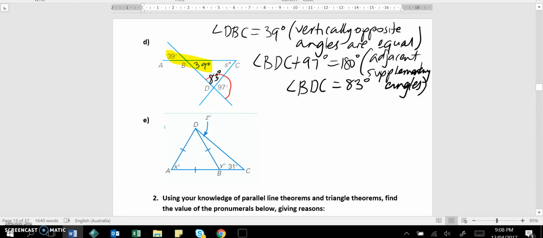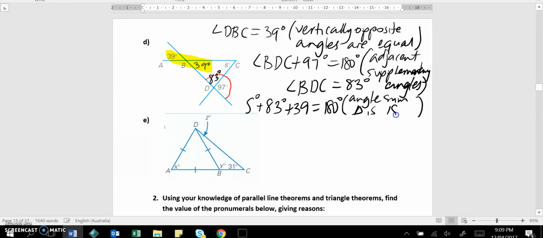So I'm basically going to go now s plus 83 plus 39 equals 180 degrees. I'm going to be writing in my brackets that the angle sum of a triangle is 180 degrees as my reason.